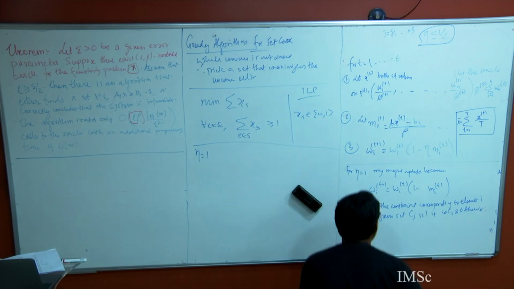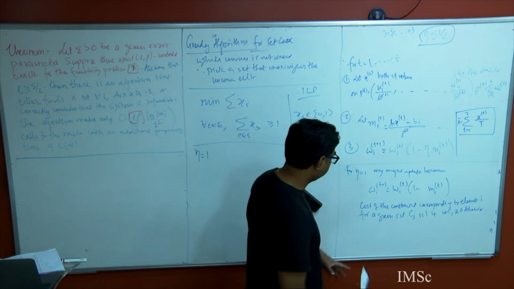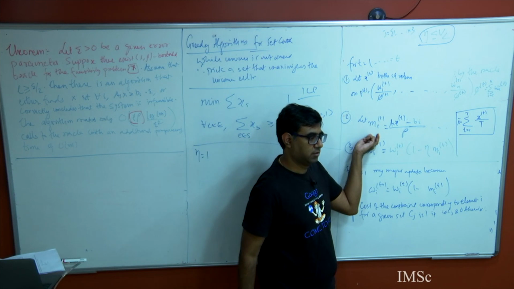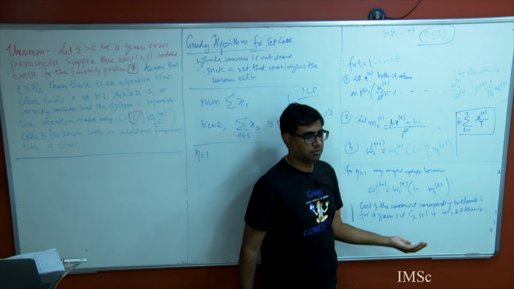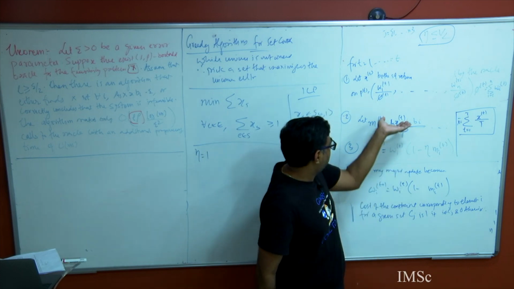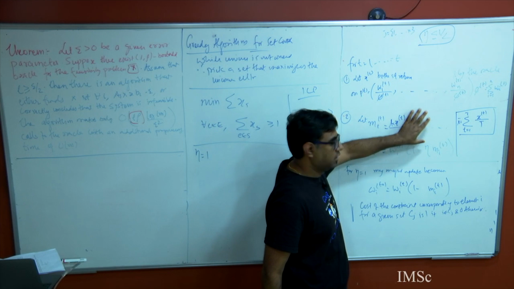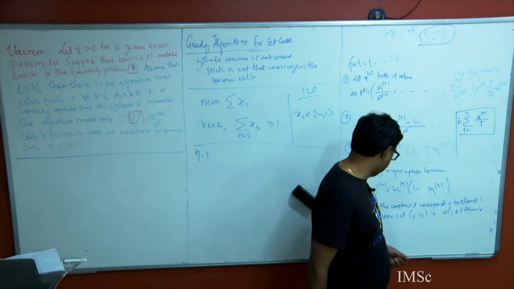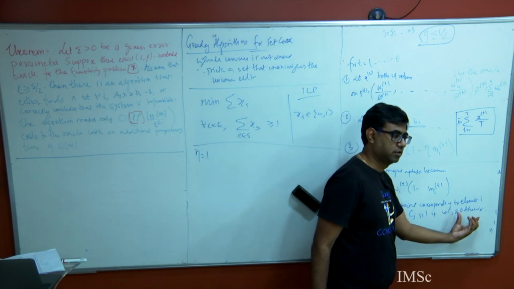Okay? This is what it is. Do you understand what is the meaning of this? Basically what I am saying here is that, look, if this element is covered, then what is its cost? 1, 0 otherwise. So the cost of the constraint corresponding to element i for a given set C_j is 1 if i is in C_j and 0 otherwise, right?